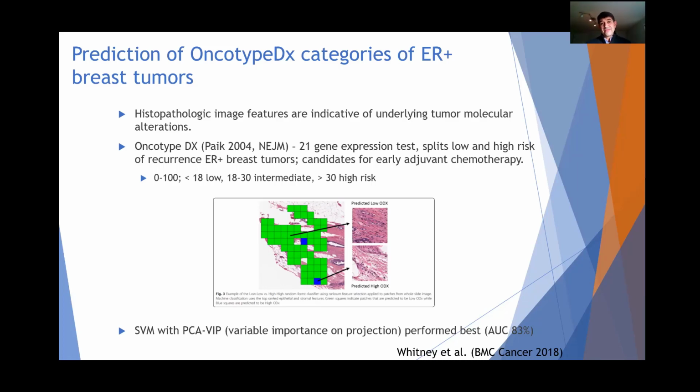Then the final classification is based on a function of those individual tile predictions. So here you can see that the green ones are predicted to be low risk OncotypeDx, and the blue ones are the high categories.